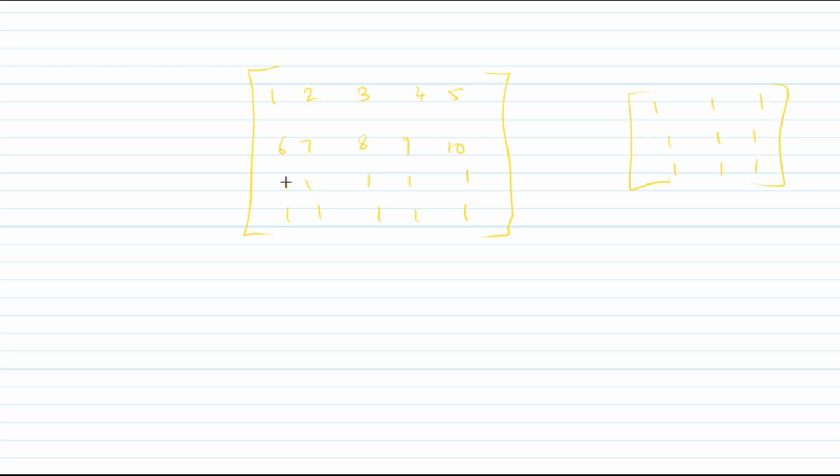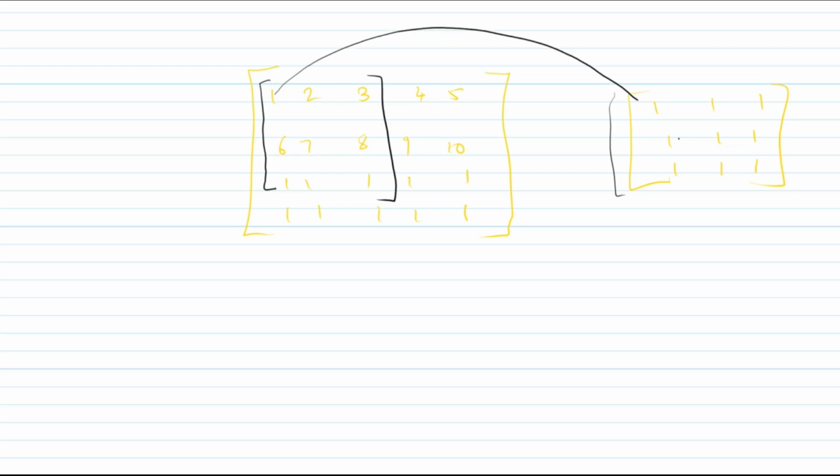Simply it is an element operation. That means this filter is superimposed on this block because it is a 3 by 3. Now simply element multiplication. It is not a matrix multiplication. It is element-wise multiplication.